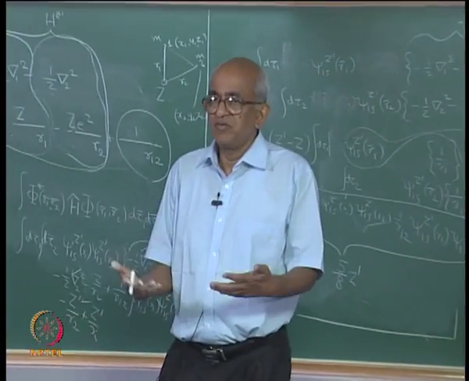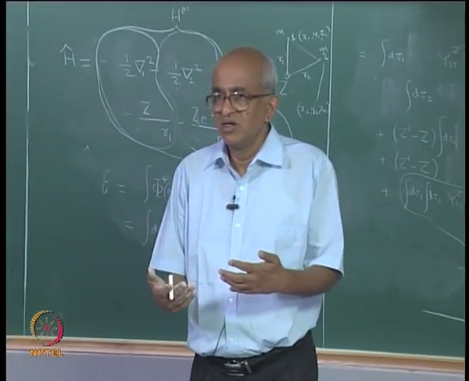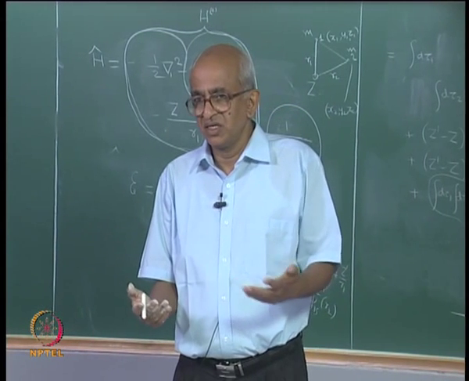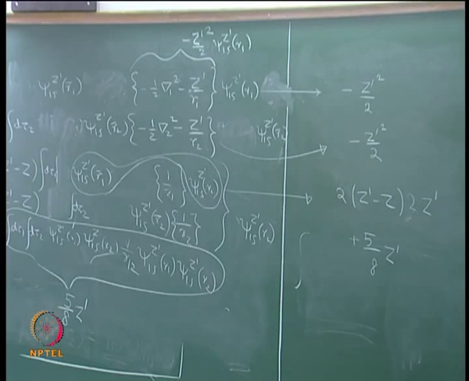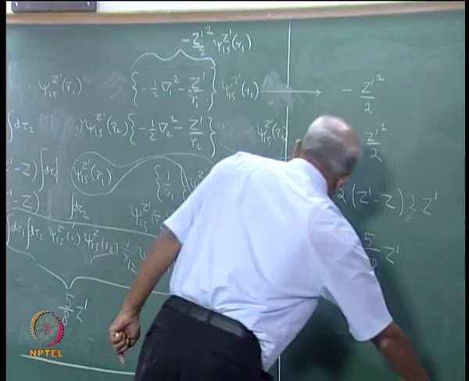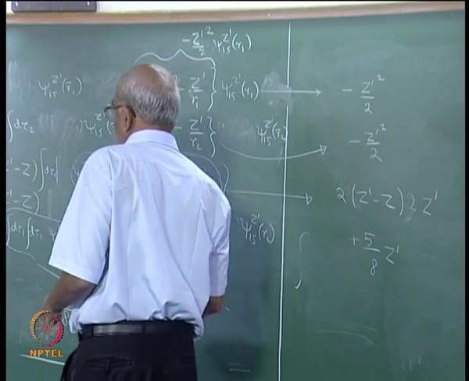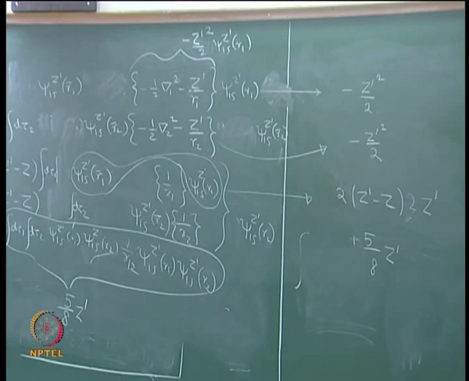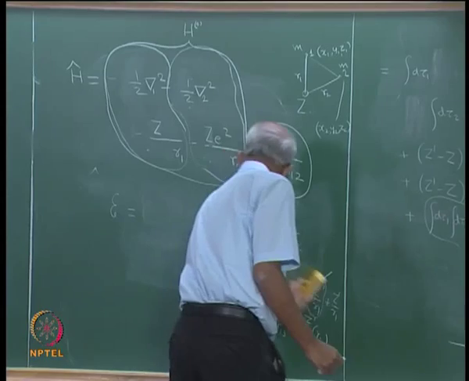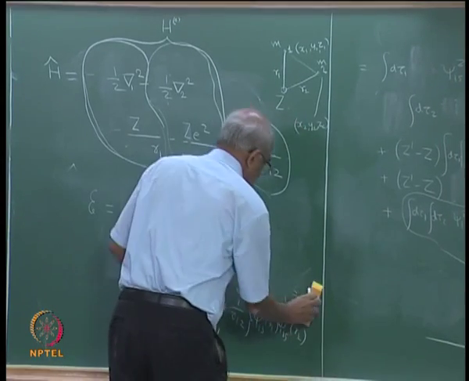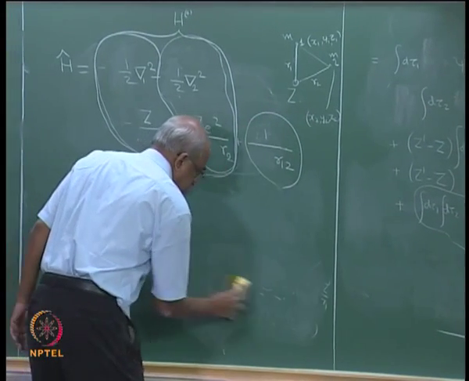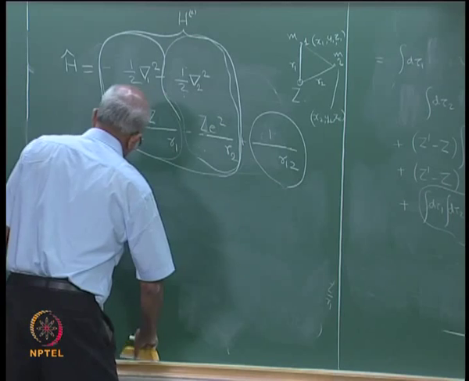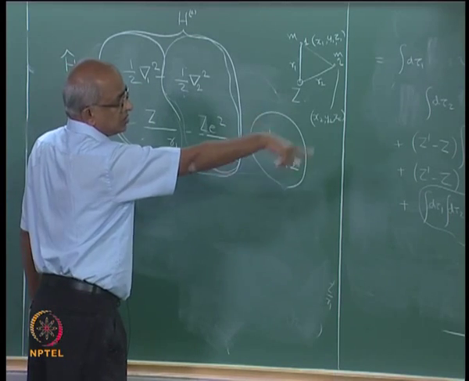Now why did we do all this work? We wanted to get script t, and we now have script t as a function of z prime. So what is the expression for script t? The answer is, it is going to be the sum of all those terms.